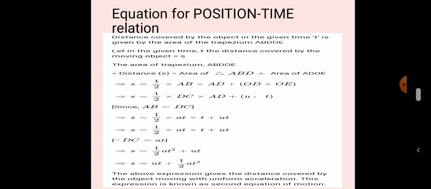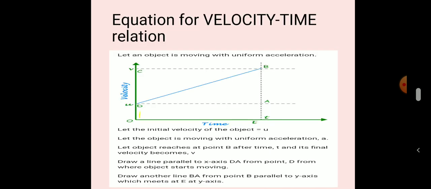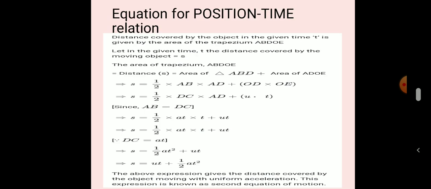The area of trapezium A, B, D, O, E is the sum of the area of a triangle and the area of a rectangle. If you look at the graph, you will note this complete area is the sum of this triangle plus this rectangle. So we can say distance is equal to area of triangle ABD plus area of rectangle ADOE.